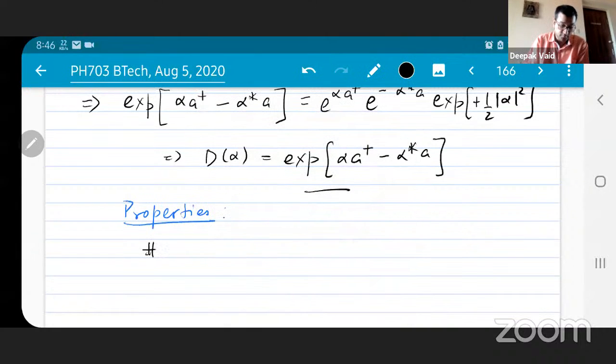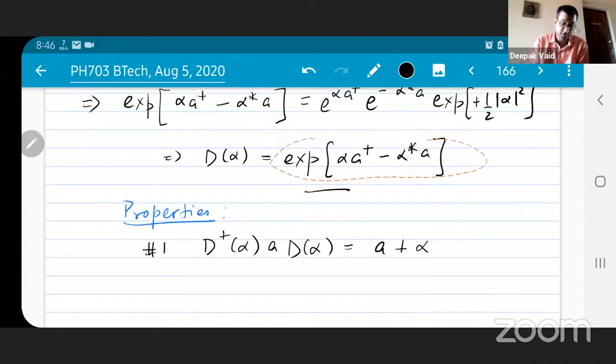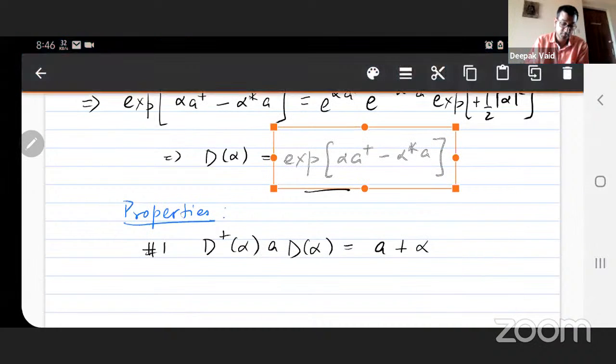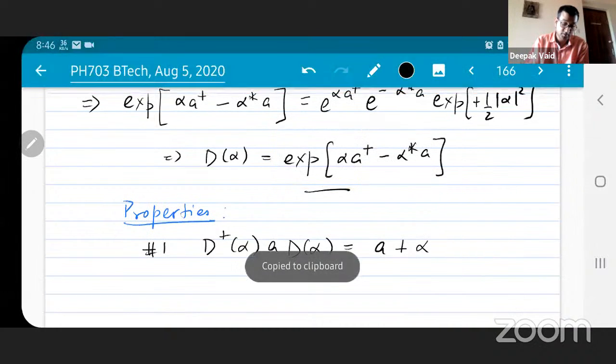That means that this is equal to A plus alpha. So we want to prove this statement. So we can use this expression.